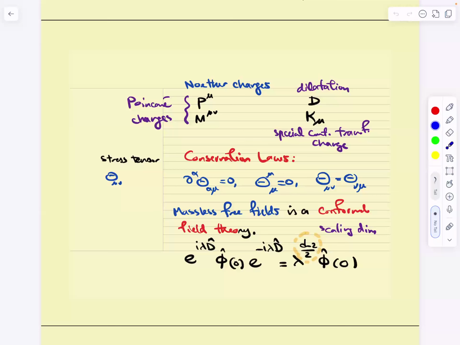Okay, conservation laws. We talked about the stress tensor as the current associated with Poincare transformations. The conservation law for the Poincare symmetry is del alpha T^(alpha mu) equal to 0. That's the conservation of the stress tensor.